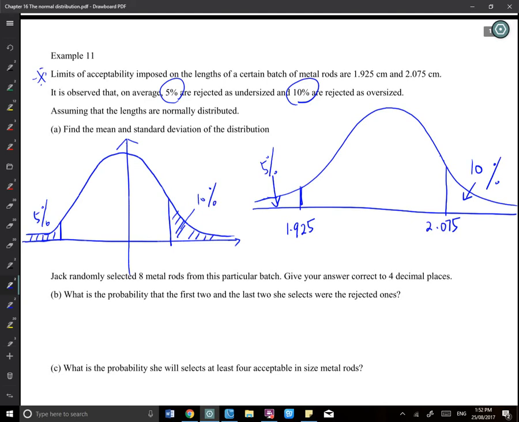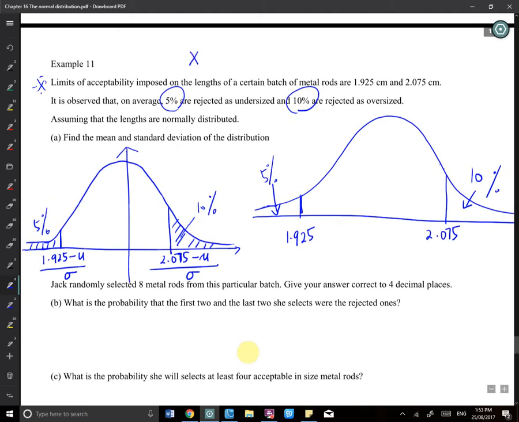You will have 1.925 minus mu divided by standard deviation, and 2.075 minus mu divided by standard deviation. That's how you plot them back into the Z normal. Let's just say the length is x. X is normally distributed by mu and standard deviation, all unknown.